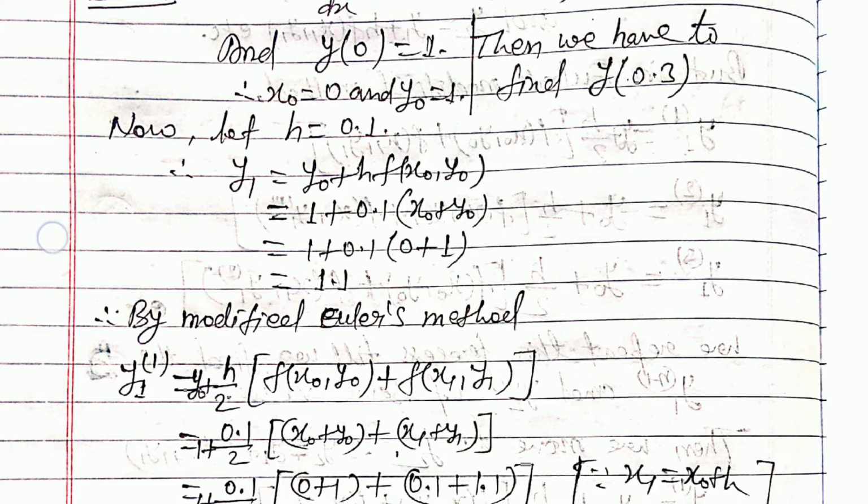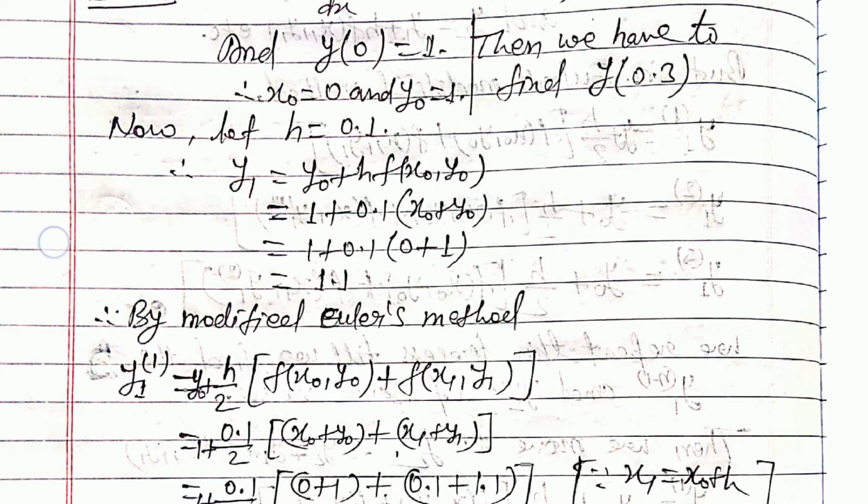y1 is equal to y naught plus h times the function of x naught and y naught, that's Euler's method. Then we substitute the corresponding values. The initial value of y, y naught, is 1 and the initial value of x, x naught, is 0, as given in this question.